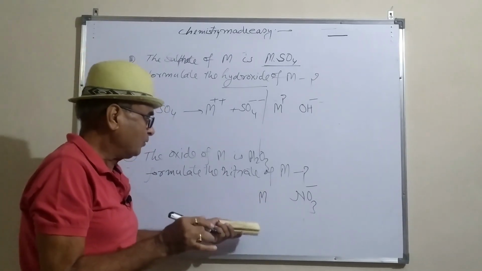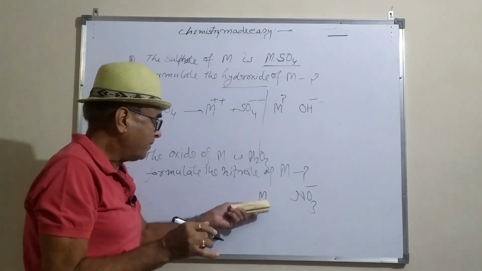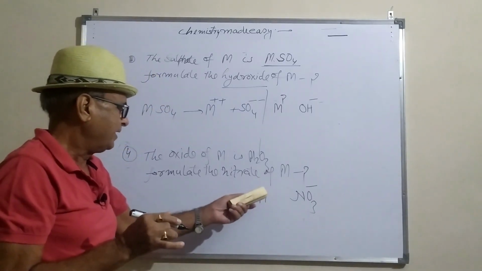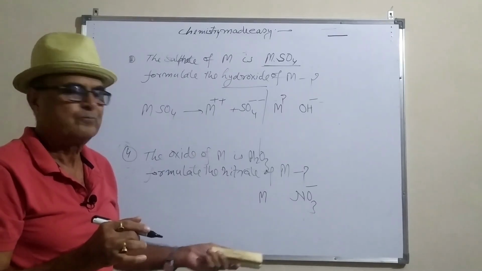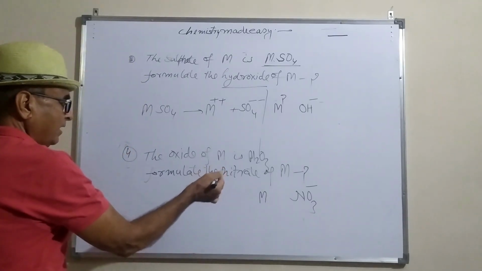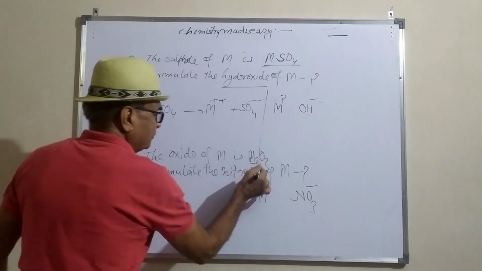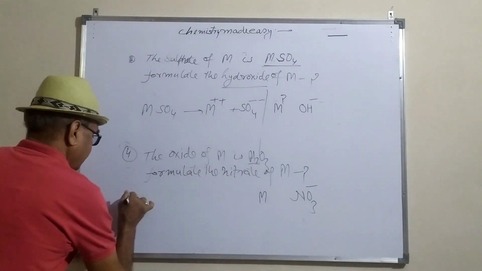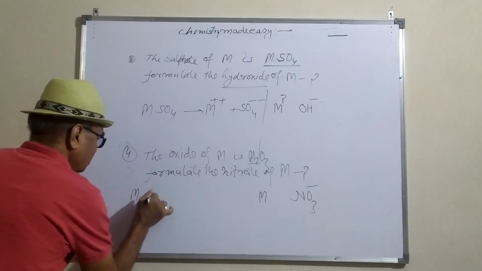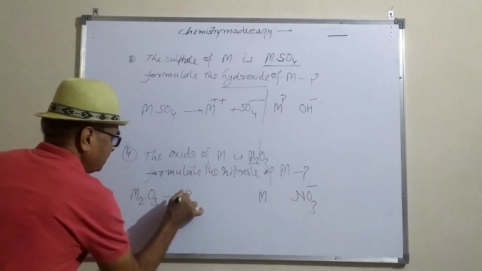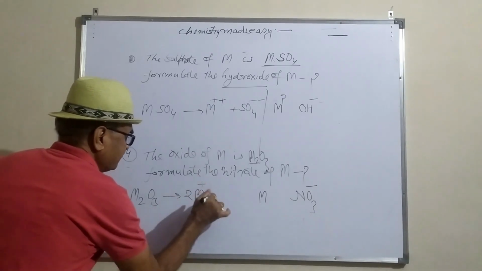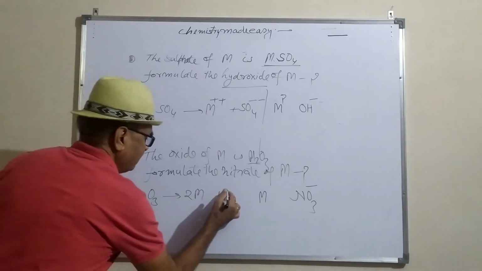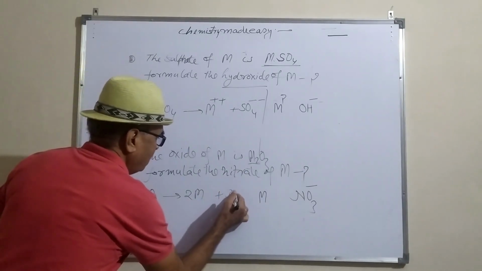Now you have to know the charge of M, how much charge M has. You go to this formula, M oxide, and dissociate it: M2O3, 2M positive and 3O.